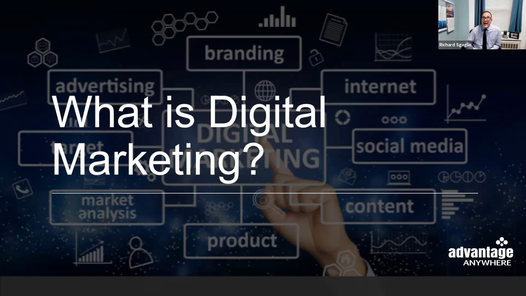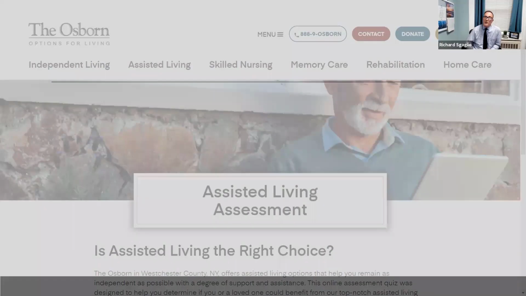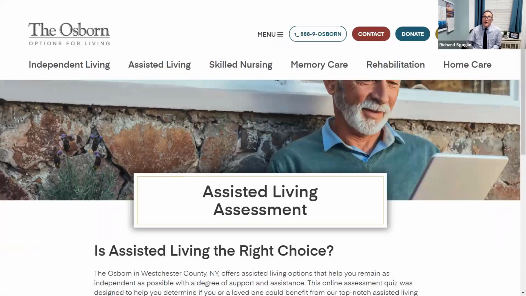These are often ads that people create that can be served to potential customers through the devices they use to access the internet. So it could be on desktops, tablets, smartphones. And they can also include targeted ads on social media, websites, video platforms, email marketing, text ads, and other new and emerging technologies.